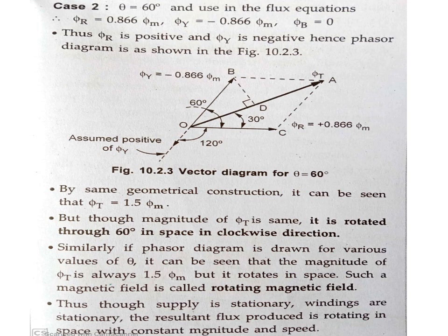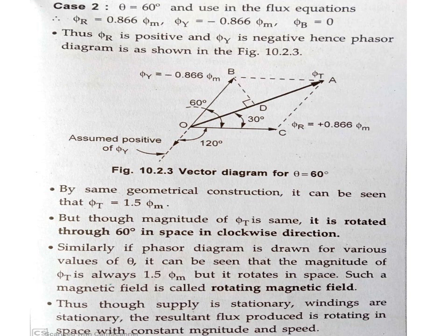Similarly, if the phasor diagram is drawn for various values of theta, it can be seen that the magnitude of phi T is always 1.5 phi m, but it rotates in space. Such a magnetic field is called a rotating magnetic field.